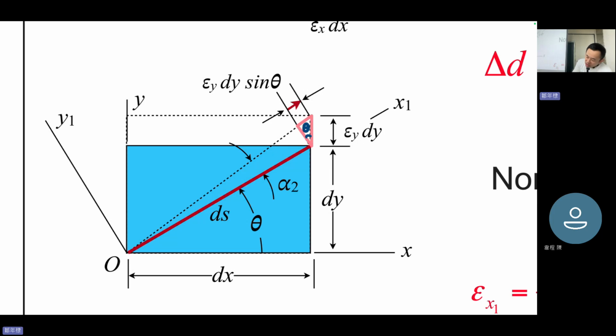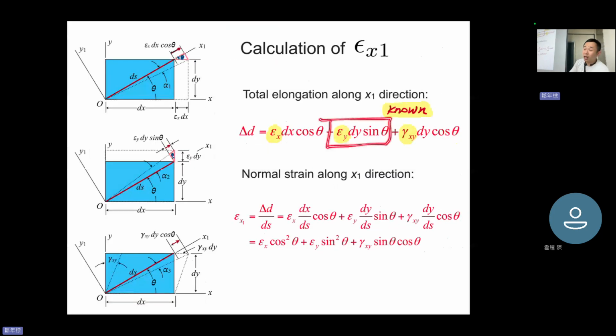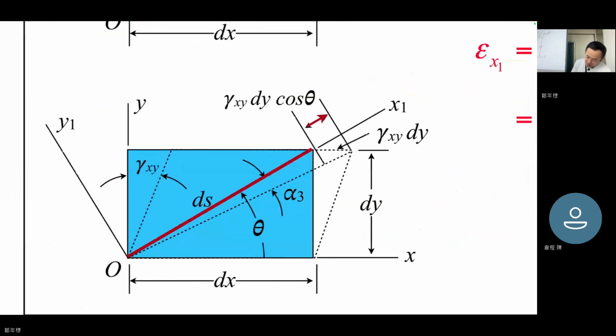Because epsilon y dy moves toward the y direction, it makes this point move here, and in the x1 direction it moved epsilon y dy sine theta. So this is the second contribution.